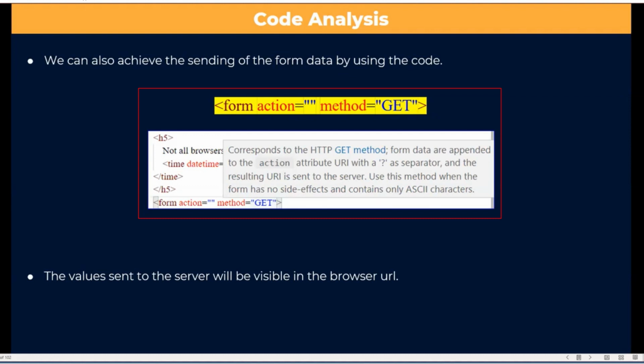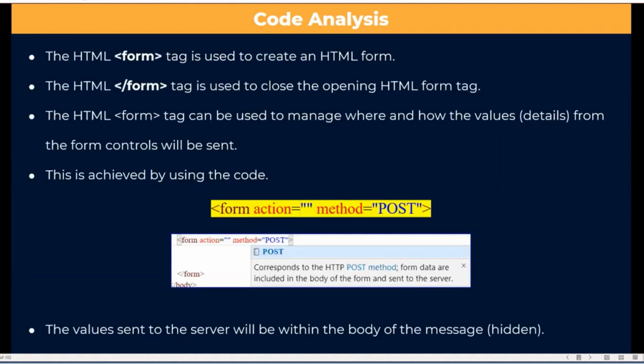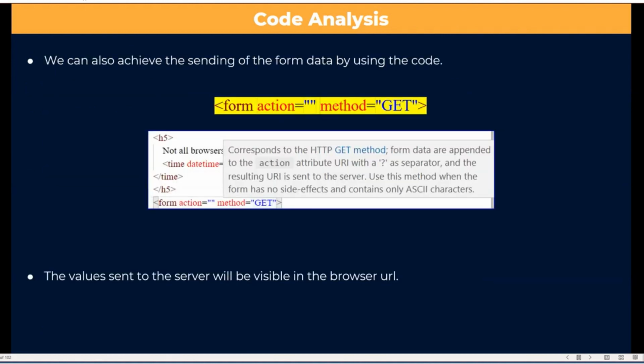With a method equals get, when the information is being sent to the back end, to the server, in the address bar in the browser, we would see a question mark, and then it would have our tag names. For example, it might be name equals Jerry Byrne, and then it might have some other things after it. So there'll be a question mark, which is used to separate out our values. So the two that we have are a post method or a get method.